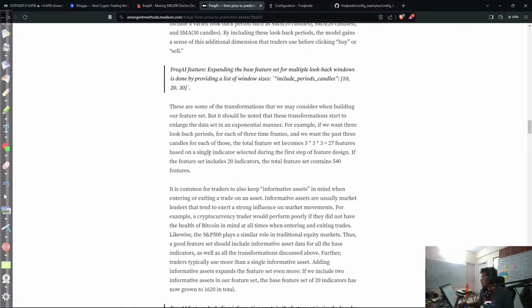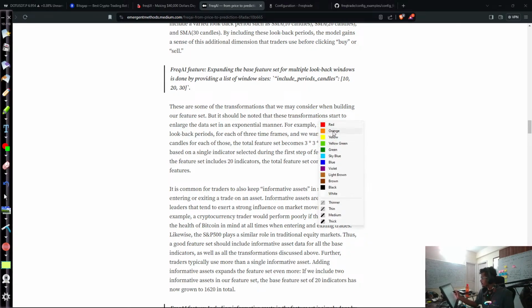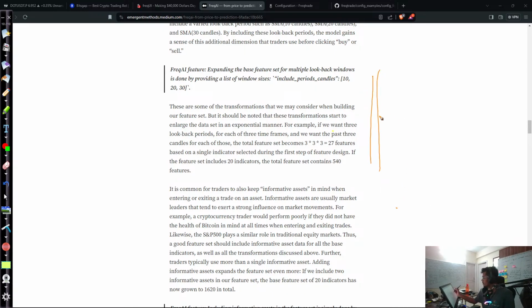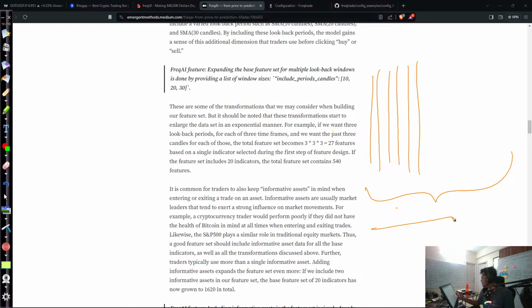Now these are some of the transformations that we may consider when building our feature set. But it should be noted that these transformations start to enlarge the data set in an exponential manner, because in every step, as you add a new column of data, you're basically increasing the dimensionality.